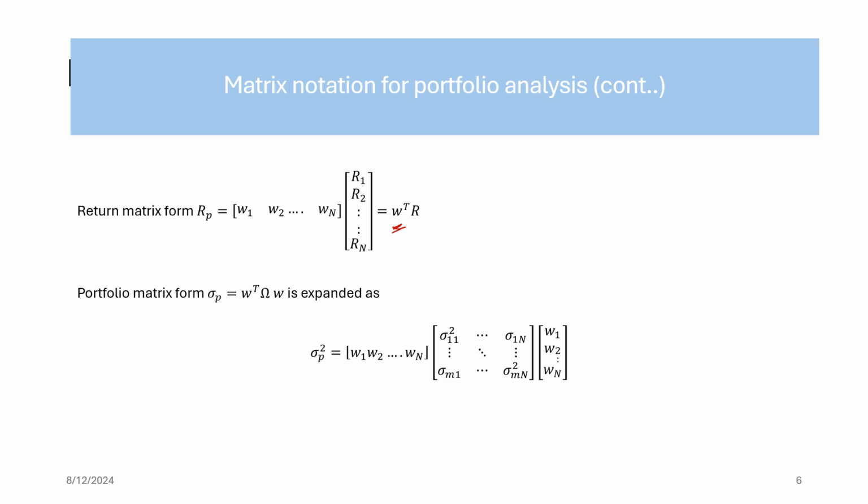Hence, when we transpose, we'll have them as a row like that. This is followed by the expansion of the variance matrix itself by way of a weight w there and a sigma or omega there, and the next one being a weight vector itself.